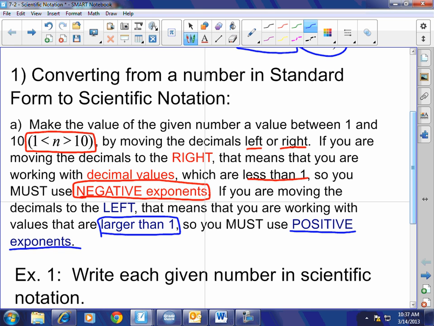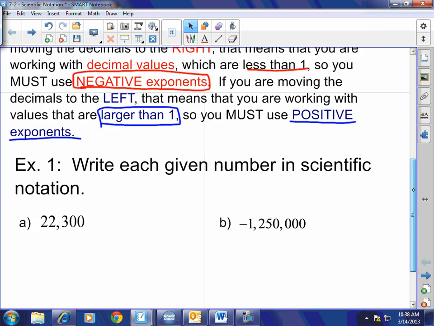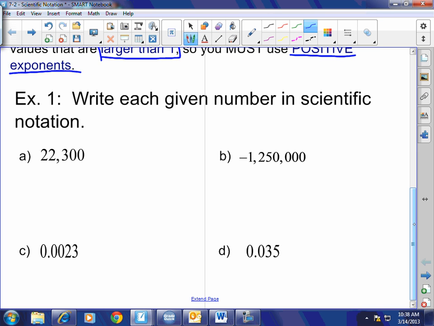Okay? Now, words are a lot more difficult than actual math. Let's check it out. 22,300. First of all, is this a number in absolute value? Is this number larger than 1 or less than 1? So I'm going to use positive exponents, correct? Now, I want to make this number a value between 1 and 10.